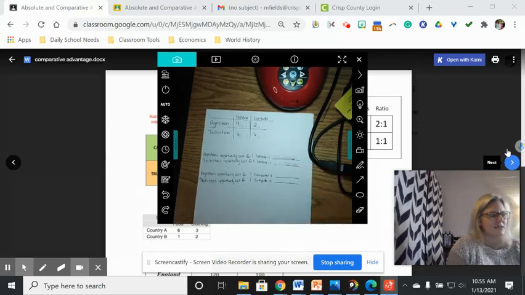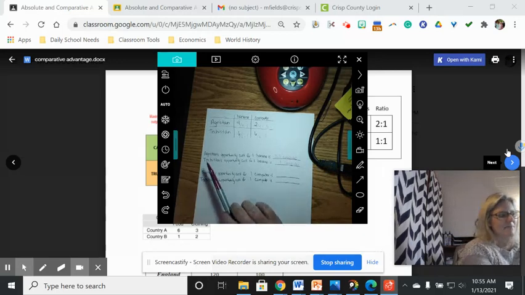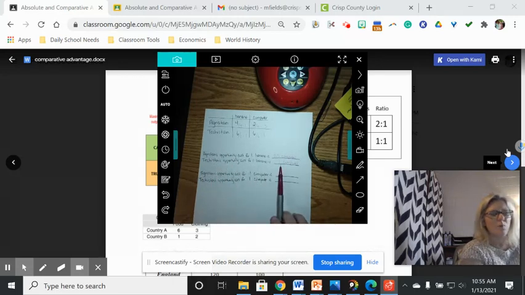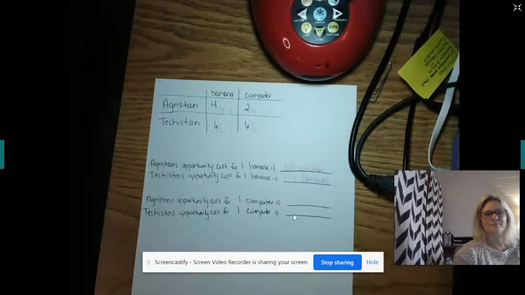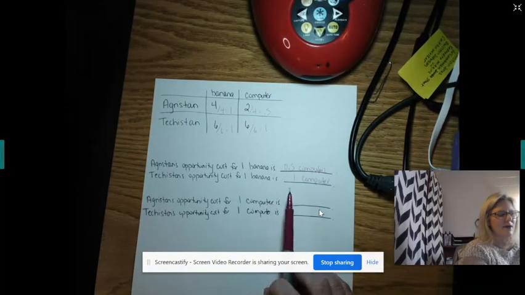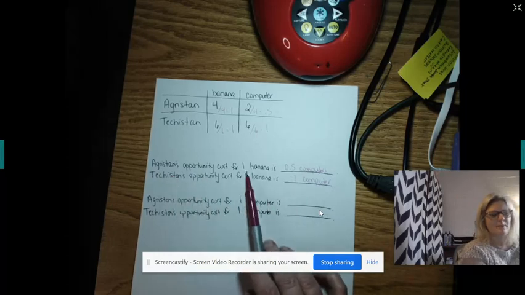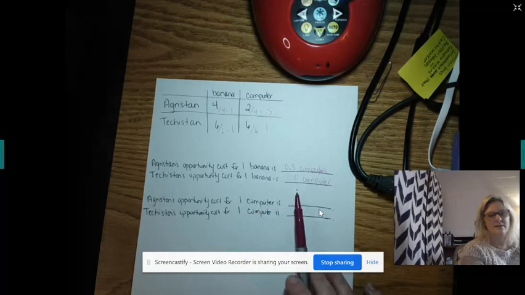So what we should see here is that Agristan's opportunity cost for 1 banana is half of a computer. Tekistan's opportunity cost for 1 banana is 1 computer. And so therefore, Agristan's opportunity cost for producing bananas is lower than Tekistan's.